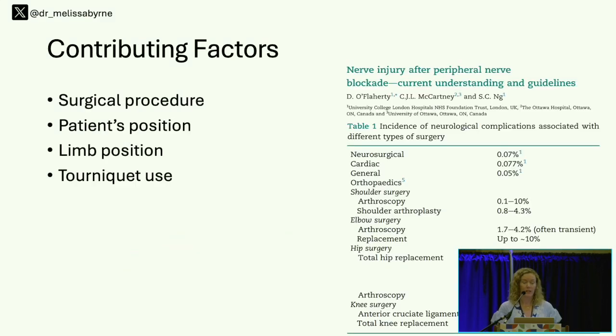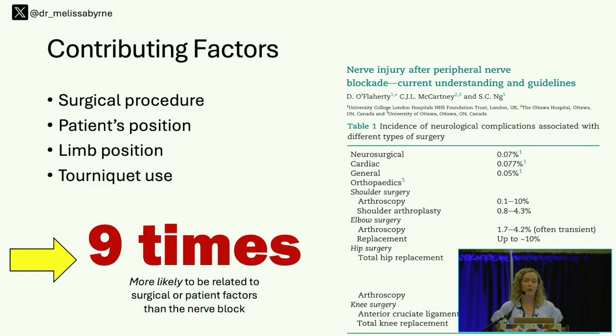This is a nice study by O'Flaherty and colleagues where they looked at the claims associated with death or brain damage and noted that the majority of these claims related to intravascular injection or absorption, and cardiac, general, orthopedic, and neurosurgical procedures all had a much higher risk. The real takeaway, though, is that peripheral nerve injury is 9 times more likely to be a result of factors related to the surgery or the patient than actually related to the nerve block itself.